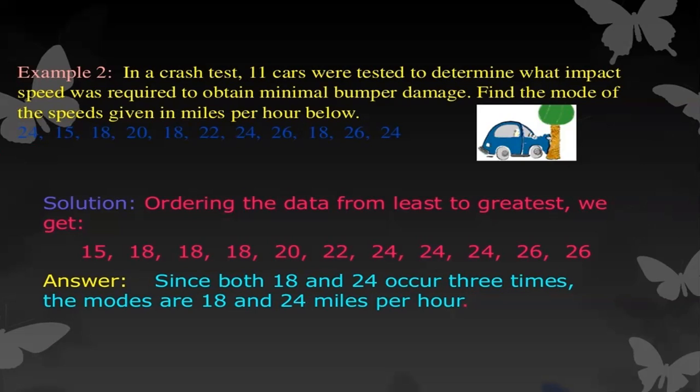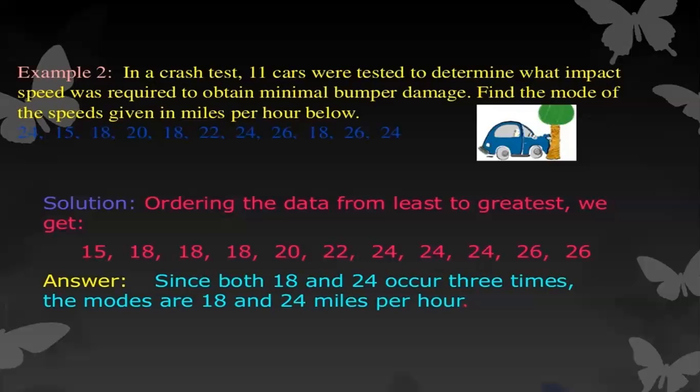Observation means, here we can see one example. A series is given, then we have to arrange it in ascending order. So what we have seen, 18 is coming three times. So it is multimodal, that is, 18 is liked by the people.